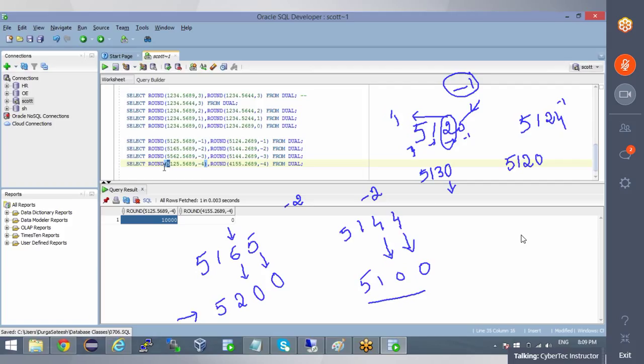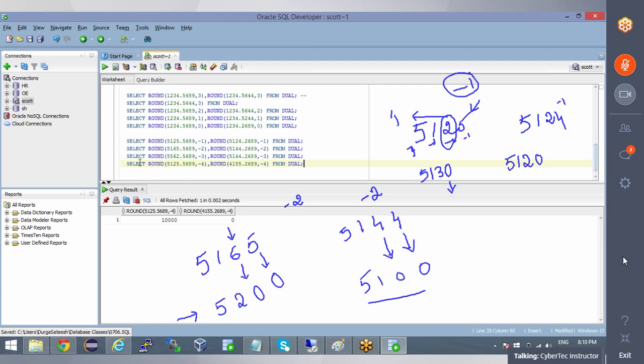When this value is greater than 5, you have to increment the preceding one. In mathematics, if you don't have anything preceding, you assume that it is a 0 value. So you increment it by 1. That is how you got the value as 10,000 here.